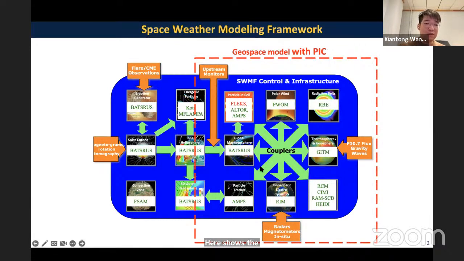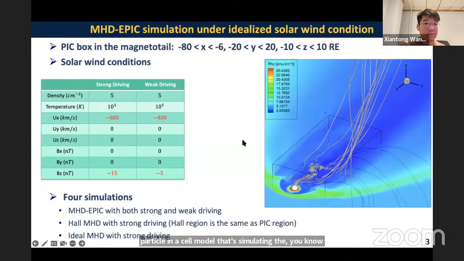The main part of the model is the MHD model, called BATS-R-US, which simulates the Earth's magnetosphere, and we can couple it with different models simulating the ionosphere and thermosphere, and here is the particle-in-cell model that simulates the kinetic physics.